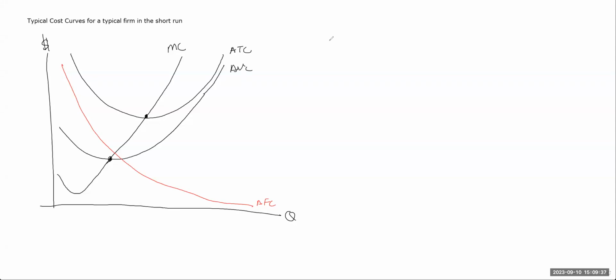Remember what average fixed cost is. Average fixed cost is equal to fixed cost divided by quantity. Fixed cost is like your rent. Let's say your rent is equal to $2,000 a month. If Q equals 1, average fixed cost is 2,000.